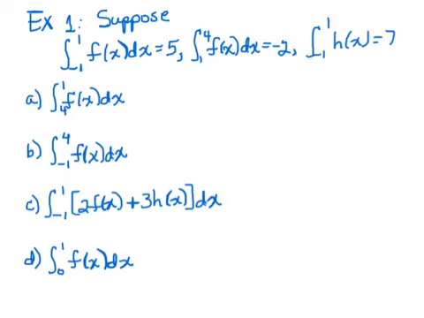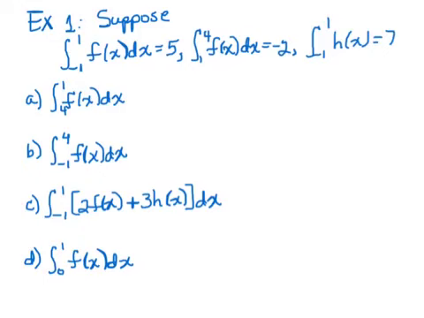For our first example, I'm giving you three definite integrals. They're definite integrals because we have values for a and b and what their value is. And basically we're going to substitute appropriately, but we're going to use our rules. So if you look at part A, I have an integral from 4 to 1 of f of x dx, but your 4 and your 1 are in the wrong order.